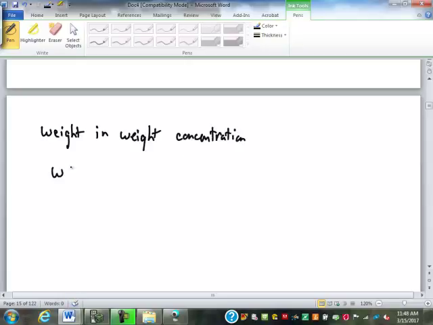The abbreviation is W/W, weight over weight. And in this case, it is the weight of the active ingredient, the serum or the solute, over the weight of the total solution.